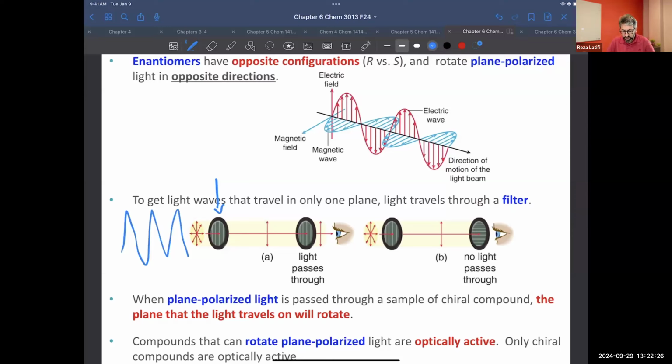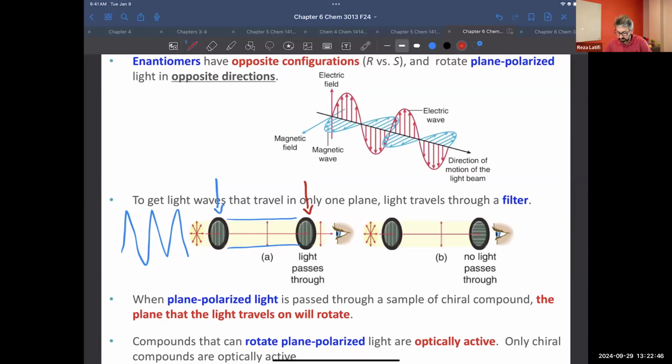Now, if I don't have anything inside, for example this tube, the wave goes straight, up and down, until it reaches the second filter. If the second filter is aligned up and down like the first one, then I can see light coming to my eyes.